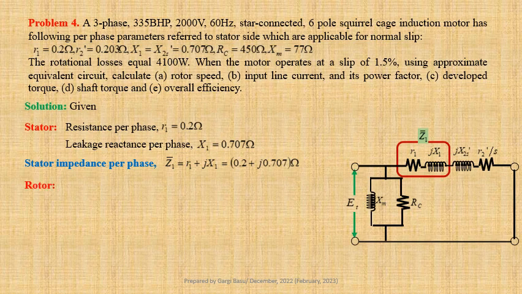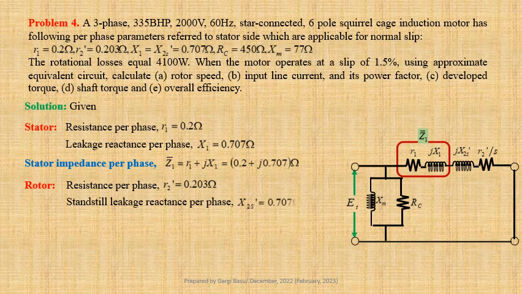For rotor winding, given resistance per phase referred to stator side R2 dash equals 0.203 ohm and standstill leakage reactance per phase X2S dash equals 0.707 ohm. For any value of slip S, rotor impedance per phase referred to stator side Z2 dash equals R2 dash by S plus jX2S dash.